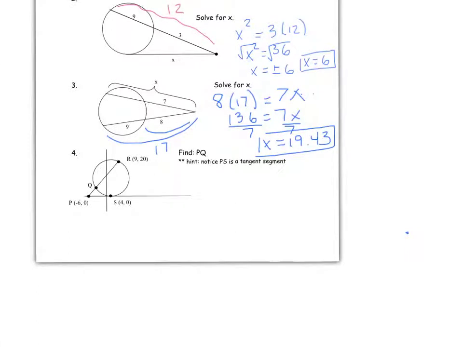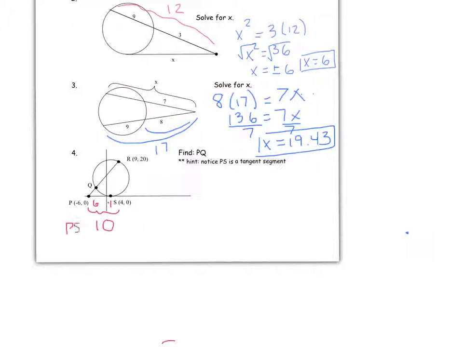For the last sample problem, we need to notice that PS is a tangent segment. So this is actually a tangent-secant problem. Now, in order to do this, we have to figure out what is the distance between P and S. Because it's negative 6 to get from P to the origin, that's a distance of 6, and 4 more to get to S, the whole distance there is going to be 10.